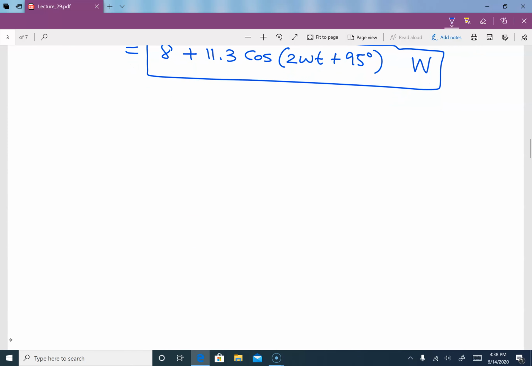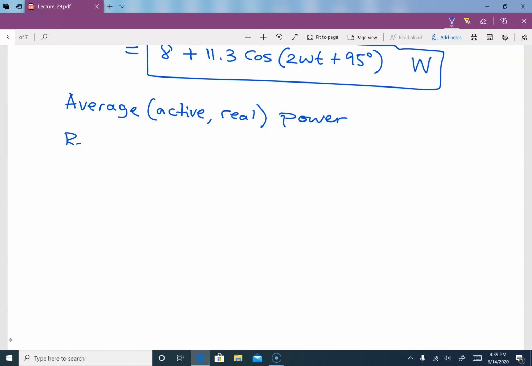So now we will move on to what we call average power. When we say average power, that is the same as active power, or the same as real power. So average, active, real, that is the same term.